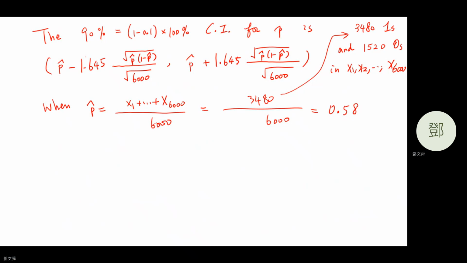Okay, but your textbook failed to mention this. So in the midterm exam, I will not give you this, but I will give you the upper right part: 3,480 ones and 1,520 zeros in X1, X2, up to X6000, so that you have to obtain this all by yourself.